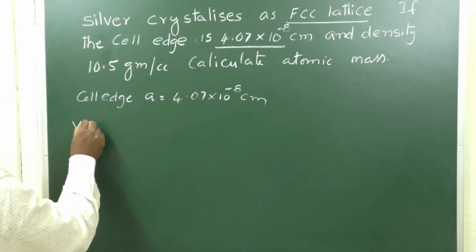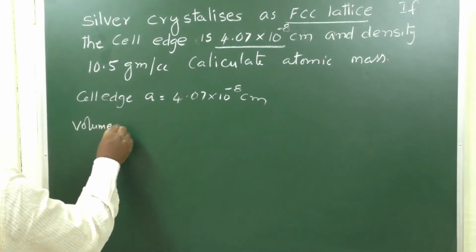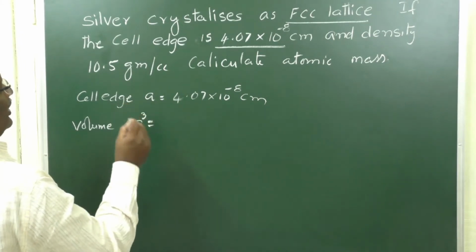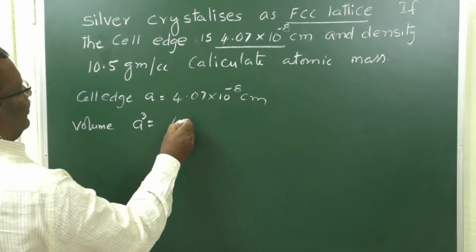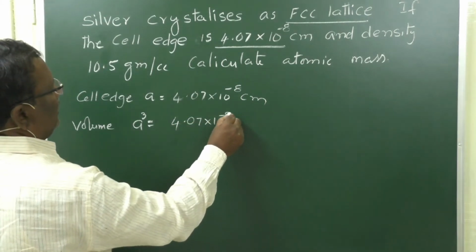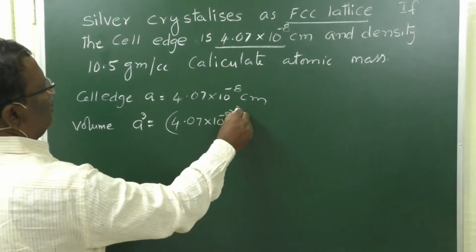Then the volume of the unit cell is A cube, which is (4.07 × 10^-8) whole cube.